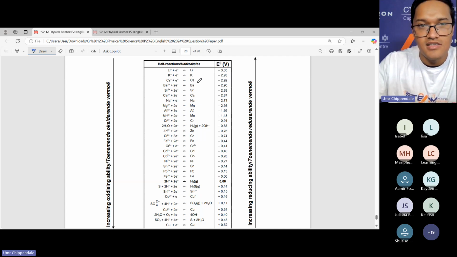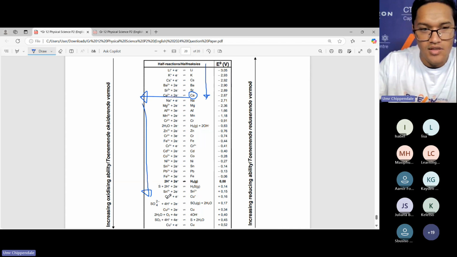Let's say, just as an example, it is this. You find that first, then you move down on the right-hand side. When you find your element, you then write this half reaction. So you go down, then write from right to left, and then you work your way down. Let's say, as an example, this is where your next part is.